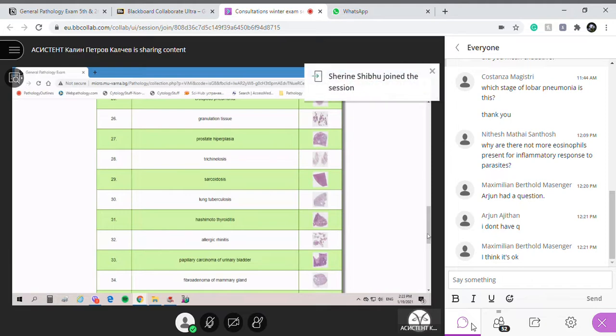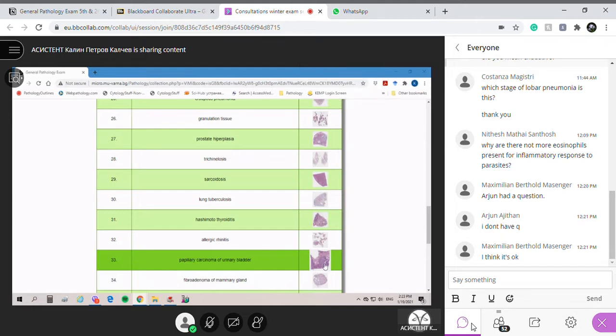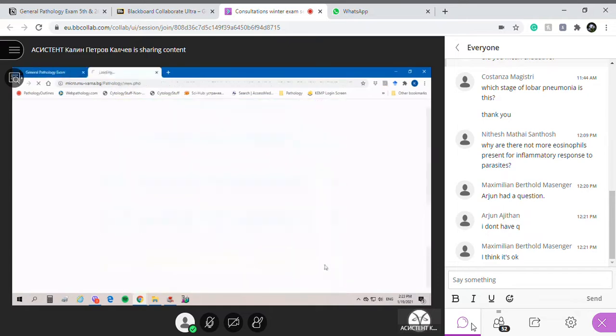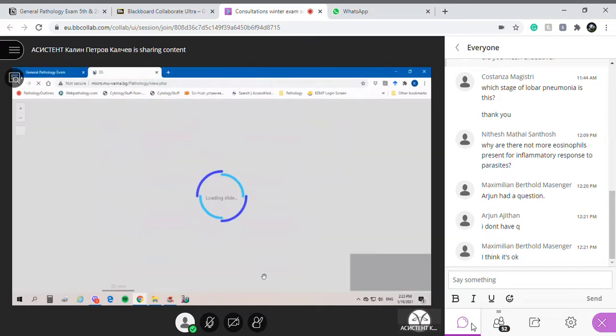The covering epithelium tumors usually grow to the surface of that covering epithelium because there is less resistance in this direction. One of these tumors of the covering epithelium is the papillary carcinoma of the bladder.